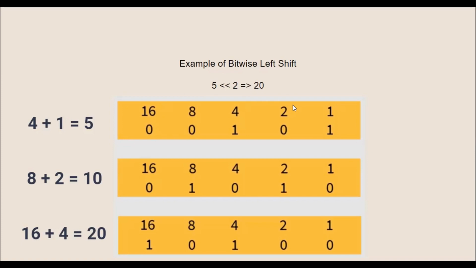So 5 when left shifted by 2 bits gives us 20, like 5 into 4. So 1 bit has the value 2, so if you shift by 2, the multiplication factor will be 4. Hope you have understood about bitwise operators.